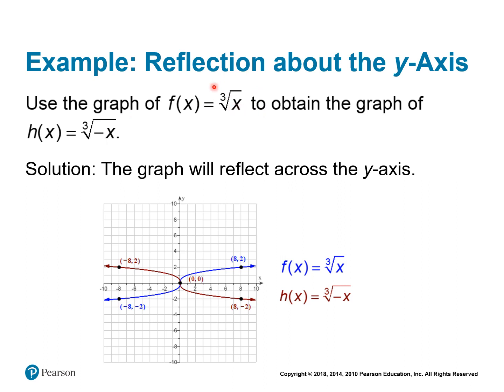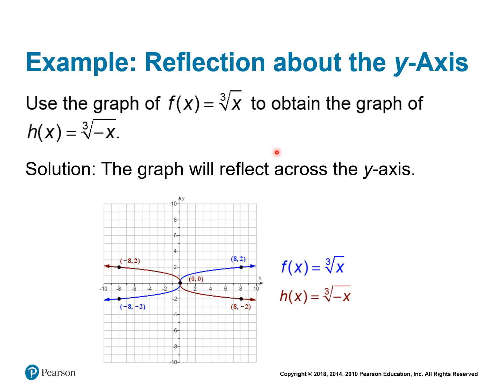So the base graph is the cube root function, cube root of x, and they want us to sketch the graph of cube root of negative x. Note here that in the transformed function, they have replaced the x with negative x, and then we find the cube root to get the y value.